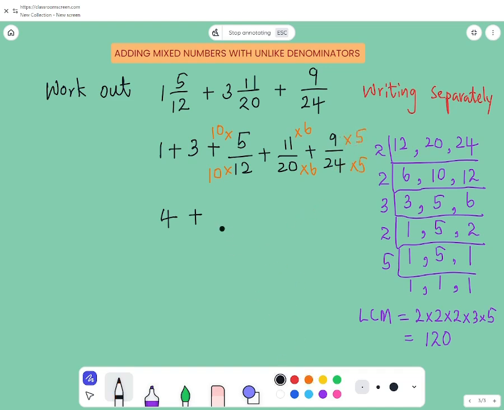Okay. Now I write 120 as the denominator. 5 times 10, 50. 20 times 6, 120. 11 times 6, that is 66. And 24 times 5, 120. 9 times 5, 45.